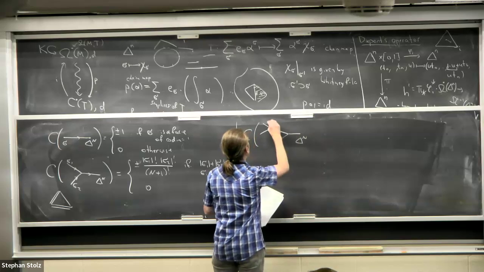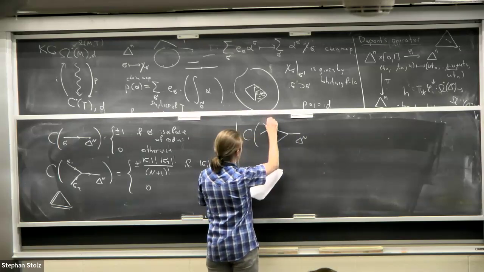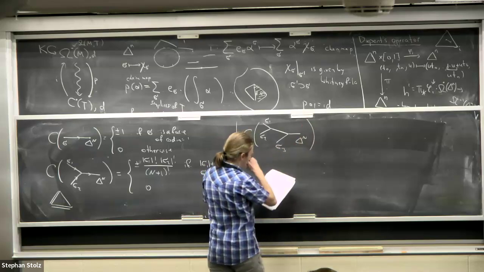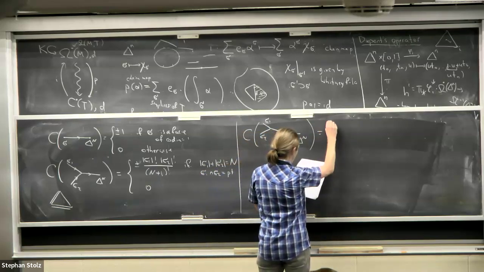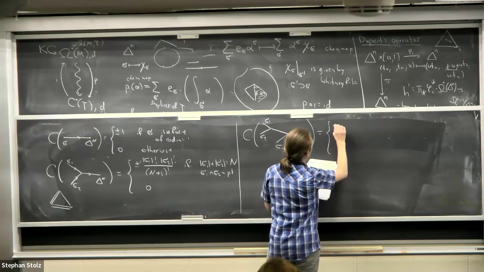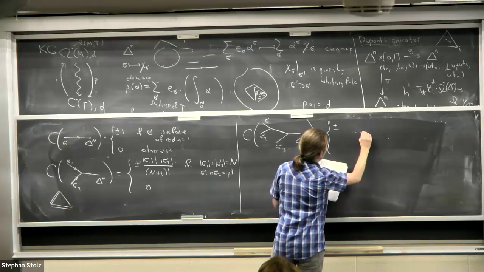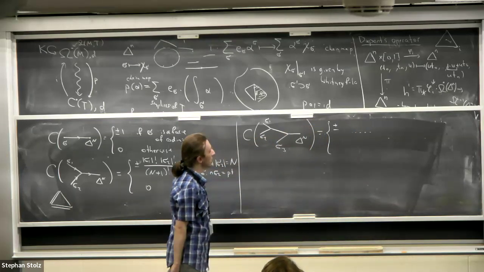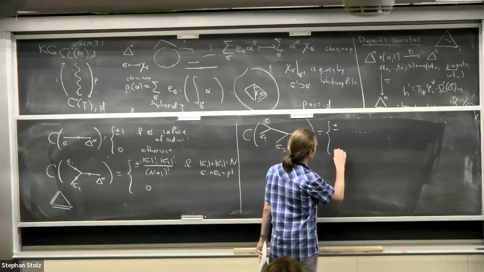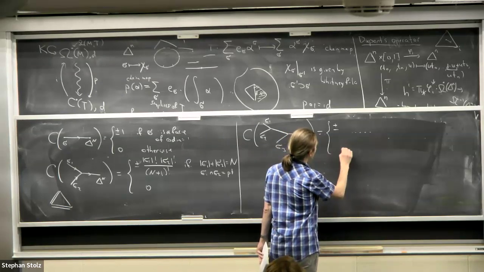So here is the simplest example with an internal edge. And the answer here is, again, depending on the combinatorics of the triple of subsimplices of a simplex, either something or zero.